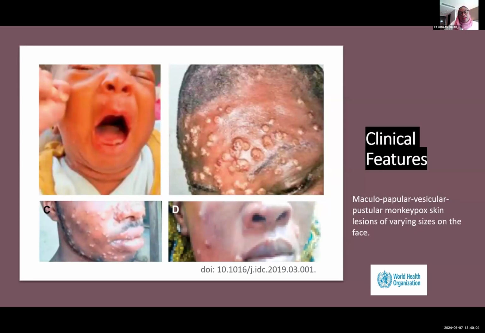On the top right, you see the macular, papular, vesicular lesions. So like I mentioned earlier, these lesions could present in different stages. Seeing the forehead of this person, there are various stages of these lesions. And also on the bottom left, you could see the various stages of the lesions.